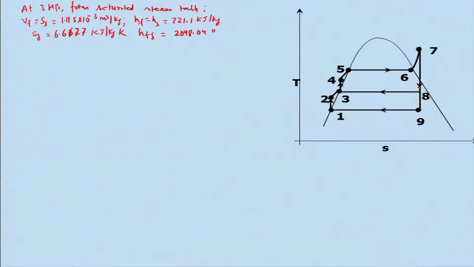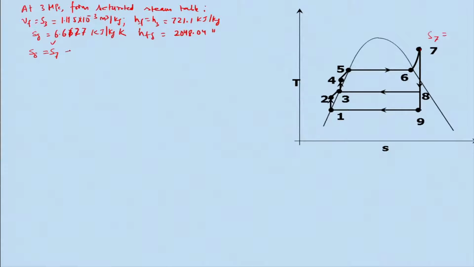So, we know that S8 will be equal to S7, and this S7 is known. How? From the superheated steam table corresponding to 5 megapascal and 673 Kelvin, we have already got it.